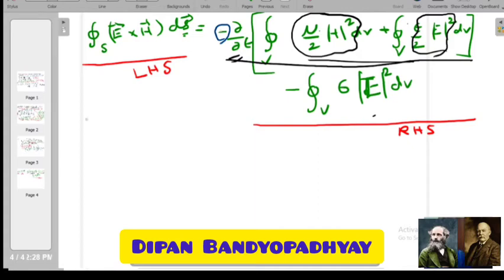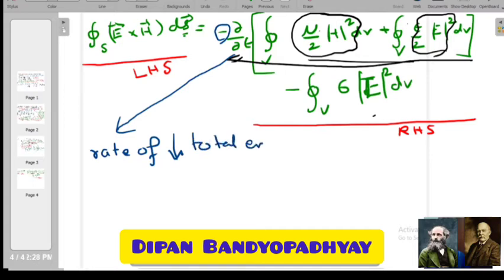So ultimately this term is giving the rate of decrease of total energy stored in the volume V.